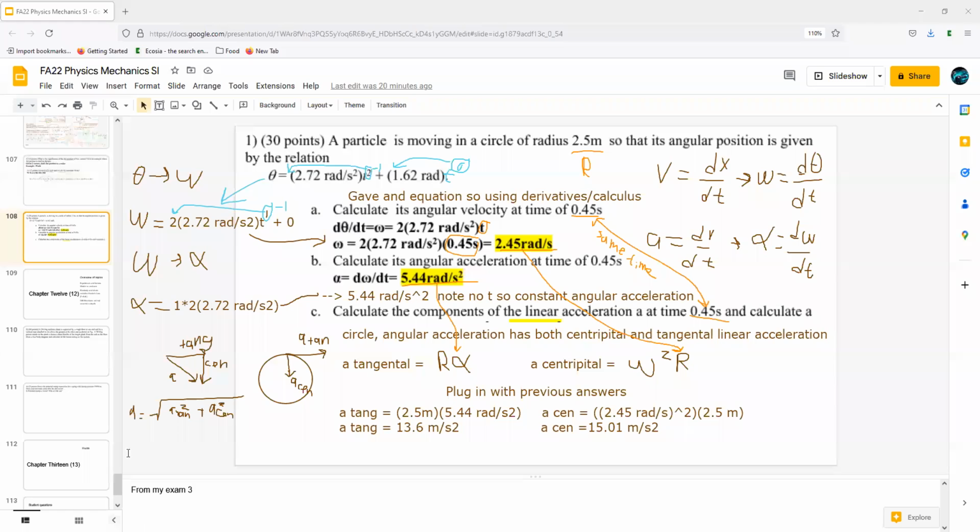And then that gets you A is equal to the square root of 13.6 meters per second squared, squared, plus 15.1 meters per second squared, squared.